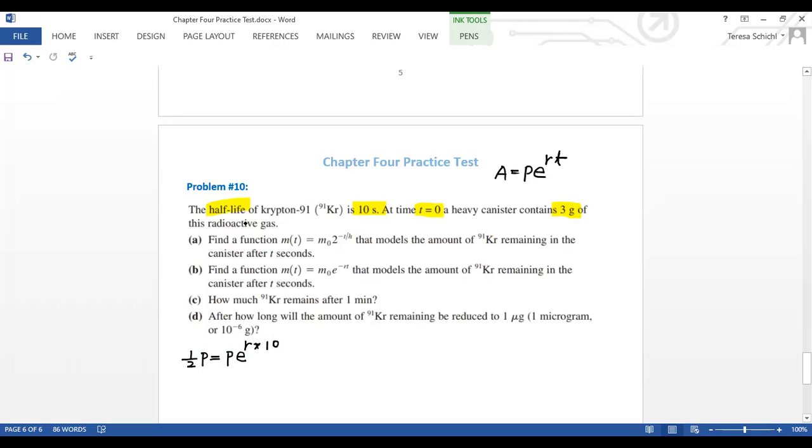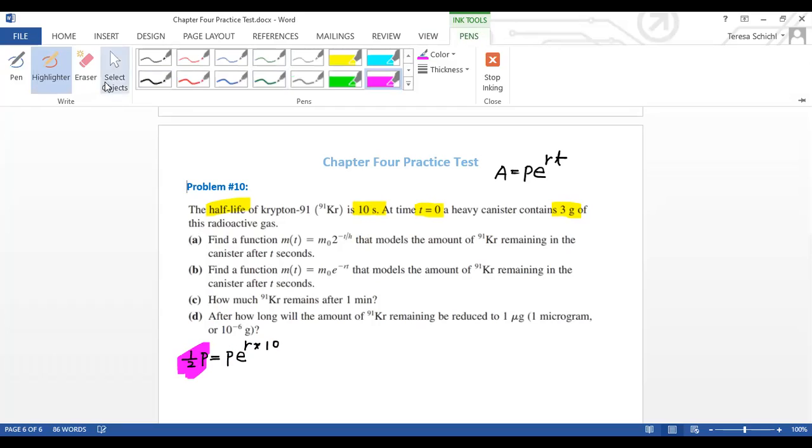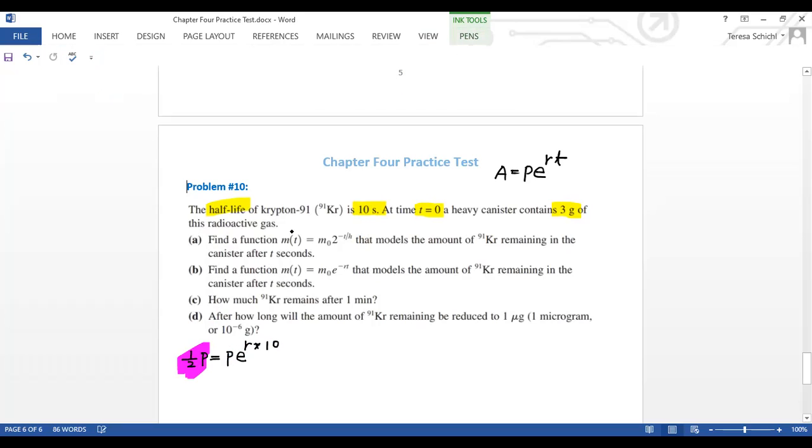That's what we mean by the half-life. Be careful here. Half-life means you have this much radioactive gas there. After 10 seconds, they only have half of that, that means 1/2 here. All right. Okay, so now that's why you can have here: this is 1/2, right, equal to e to the R times 10, right?